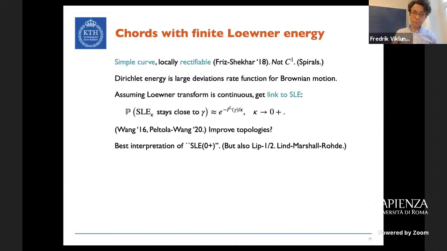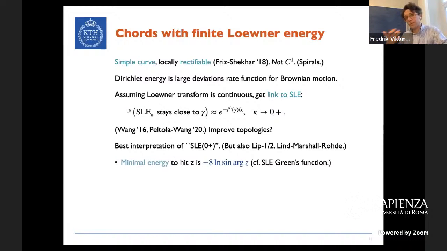But these curves are actually, geometrically, in some sense more interesting than these finite energy curves. They can be fractals, and they have phase transitions, and so on. So there are similarities with the SLE story there as well, but in a deterministic setting. But this goes a bit in a different direction.